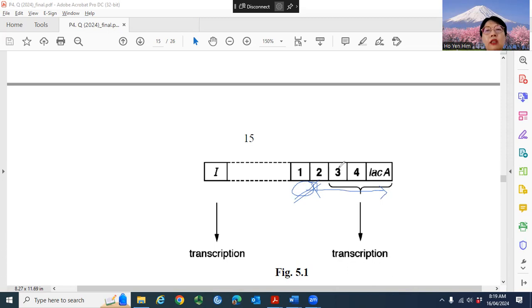So all these lacY, lacZ, and lacA will always be expressed. So when it's always expressed, whether lactose is present or absent, we will still express the enzyme. It means it's a waste, isn't it? Because when we don't need the enzyme, we still produce the enzyme to break down lactose, to transport lactose into the cell. So it's a waste of energy.